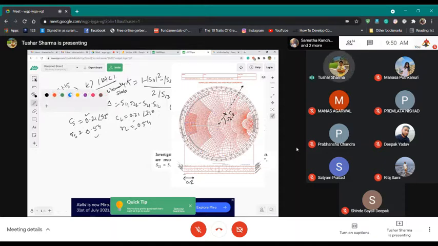Then I will plot CL. Same radius, angle is 27, so it will be a little more to this side. CS is 0.21, same radius here. Now the radius of RS and RL both have the same 0.5, so we will measure 0.5 from here.